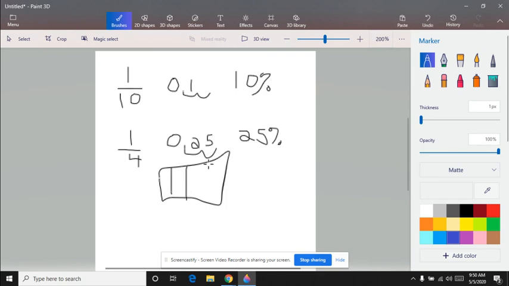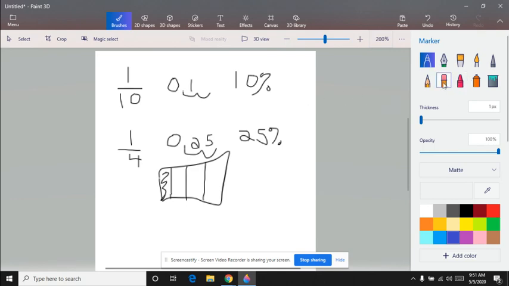Okay, so if I were to do this visually and pretend these are all equal parts, here's a box and I shade 1/4 of it. Okay, that's 0.25 out of the whole thing, and it's 25% of this box that is shaded. It's all the same portion, it's just 3 different ways to write it.